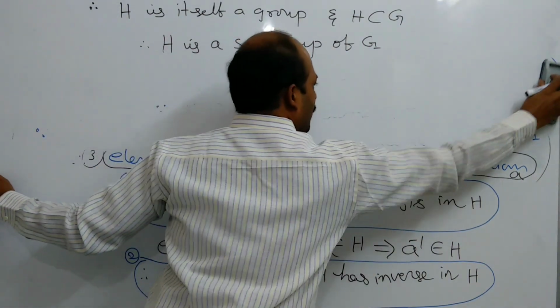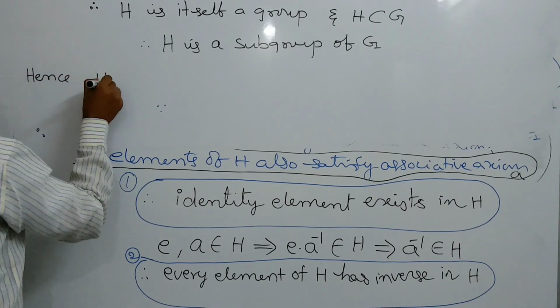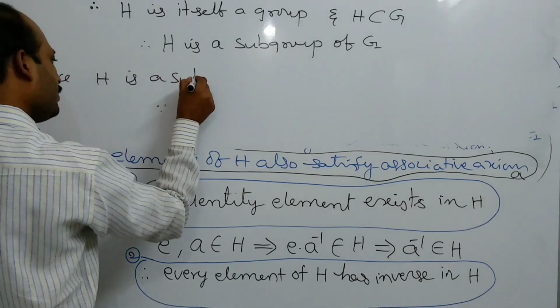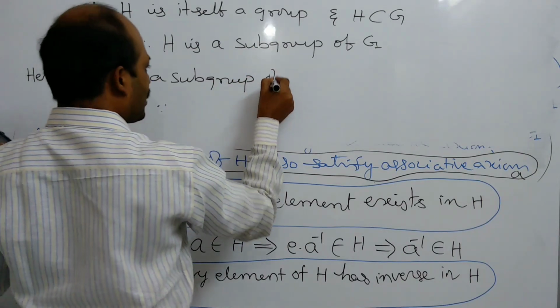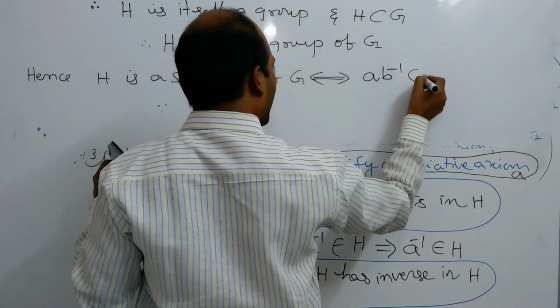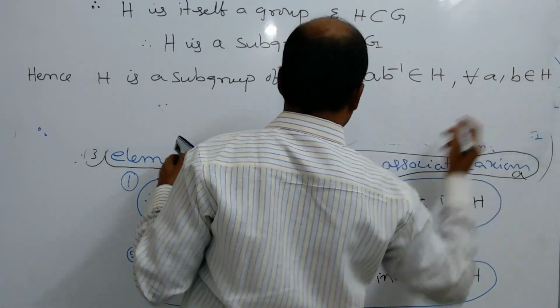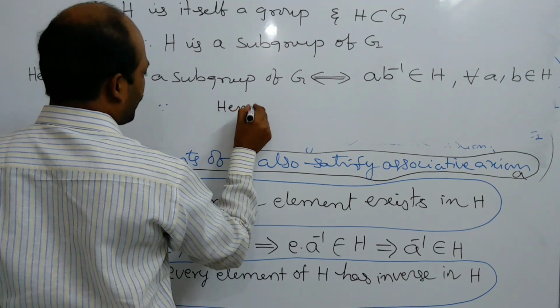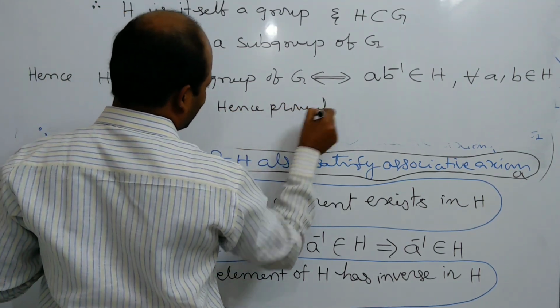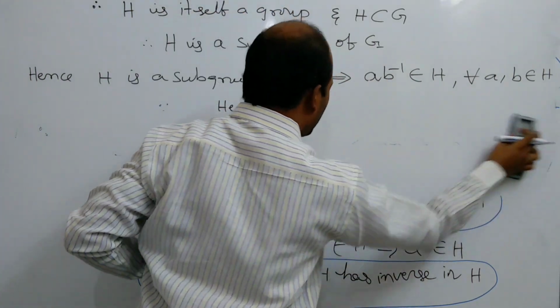Hence, we conclude that H is a subgroup of G implies and is implied by AB inverse belongs to H, for all A, B belongs to H. This completes the proof. As this theorem is over multiplication, you observe that A into B inverse means the operation is multiplication.